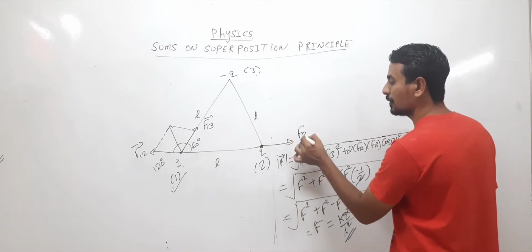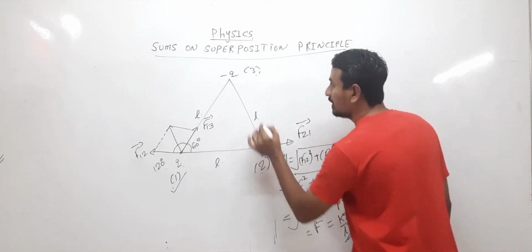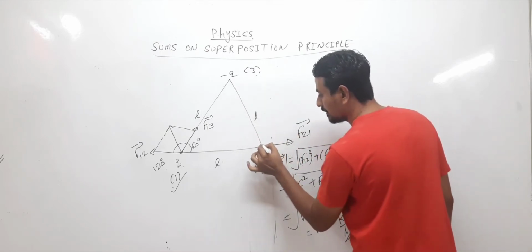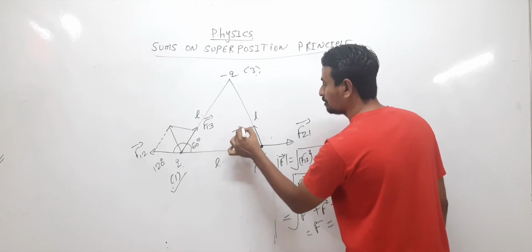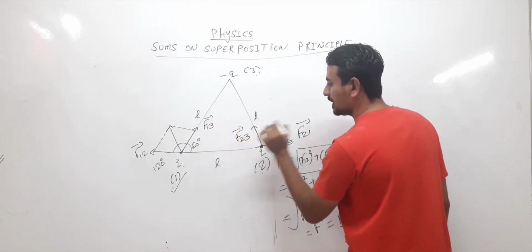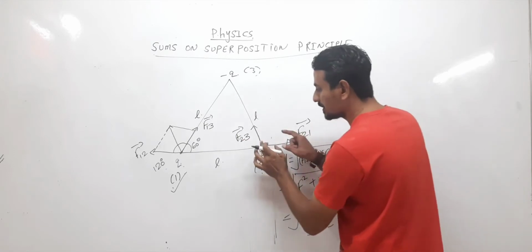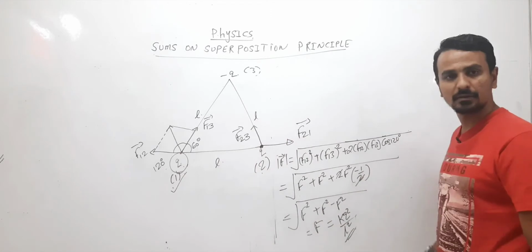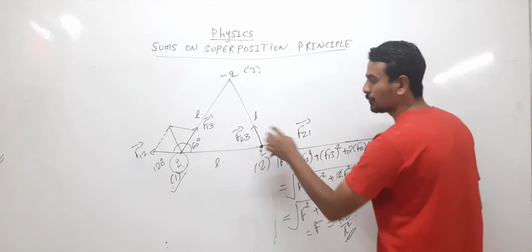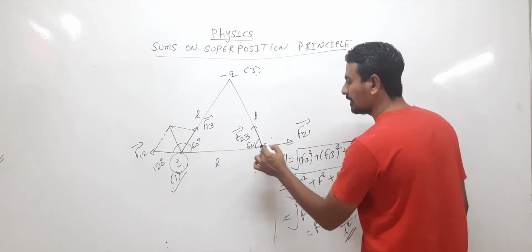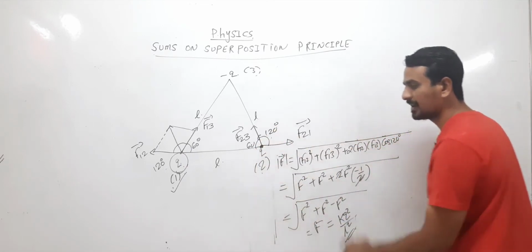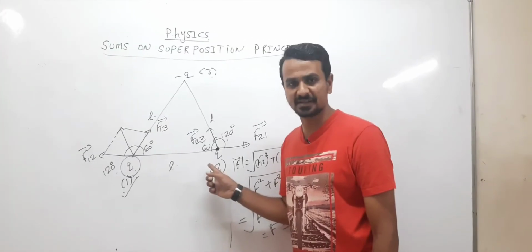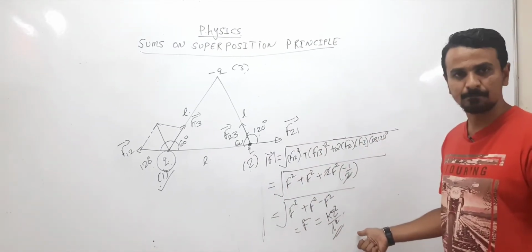So this will be the force on 2 because of 1 and the force on 2 because of 3. 3 is negatively charged, so it will attract this. So this will be the force on 2 because of 3. We will solve this as we solved the force on the first charge, in the same manner. The result will also be the same. Magnitude wise both the forces are equal. This is 60, so this will be 120. So the same thing is to be followed, right? So again the net force on the charge placed at 2 will be the same.